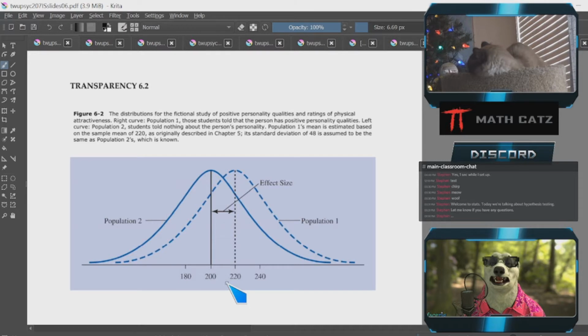And we got a sample mean of 220. If we then overlay the distributions for population 2, the reference population in our null hypothesis, and population 1 suggested by way of this sample, if our sample is a good representation of the true mean of this new population 1, then you see that it's in truth this dotted line over here, and the effect size essentially measures the gap there, how far away population 1 actually is from 2.